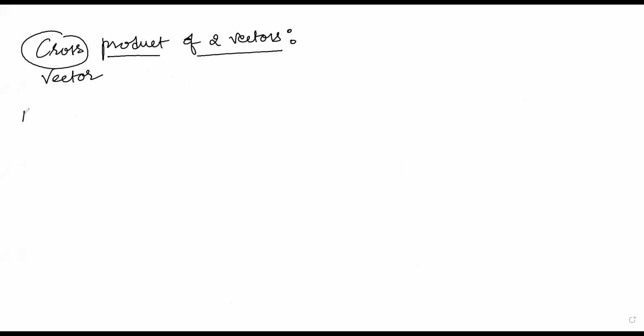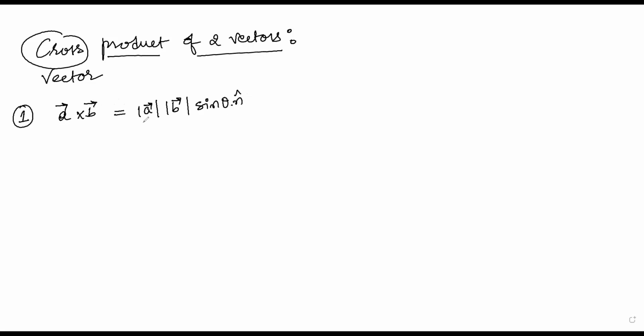What is that? The first thing is the definition. A cross B is defined as mod A mod B sin theta into n cap, like this.